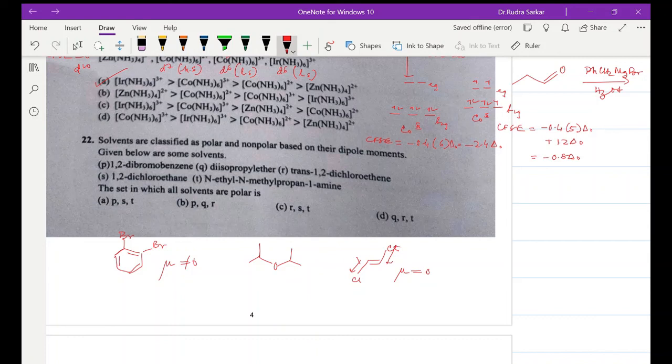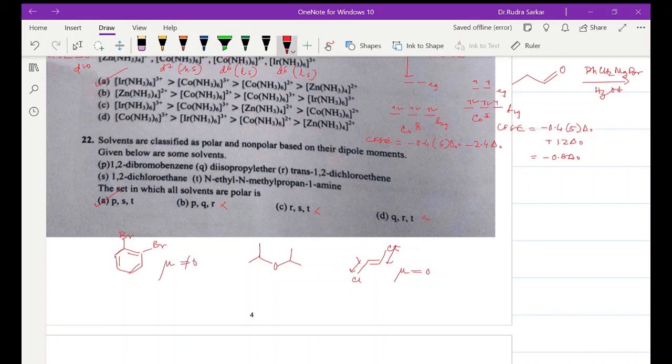So this is non-polar. So any option that is having R is going to be non-polar. Cancelled, cancelled, cancelled. Simply by elimination, we can say our correct answer is going to be A.